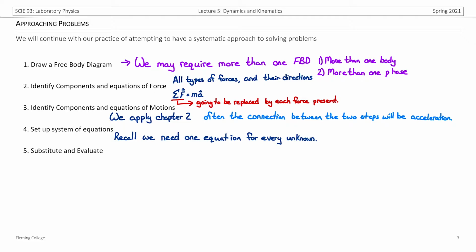Once all of our setup is complete, we'll need to substitute all of our known values and evaluate for the characteristic we want to solve. It's important to remember that because these problems are quite complex, we need to also complete the final statement segment of our solution. You need to interpret what the value is that you just solved for.